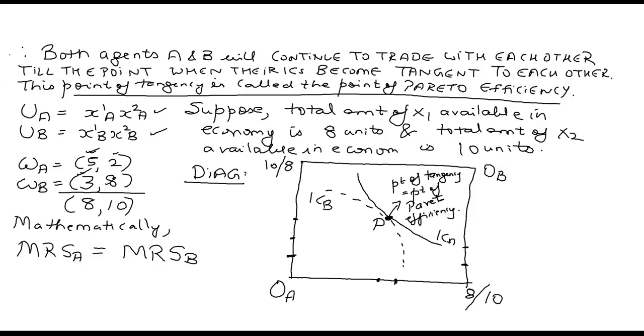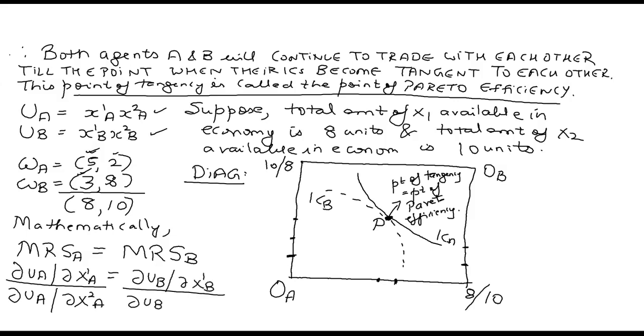MRSA is del UA by del X1A divided by del UA by del X2A. Remember, it is the marginal utility of one good upon the marginal utility of another good. Similarly, MRSB will be del UB by del X1B upon del UB by del X2B.